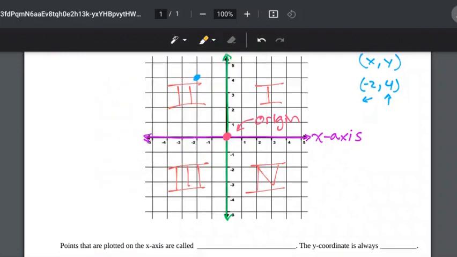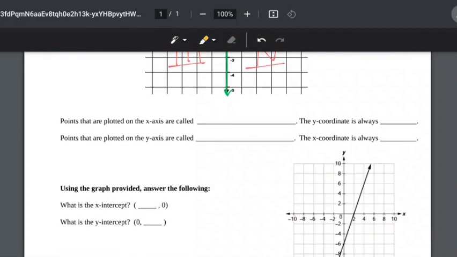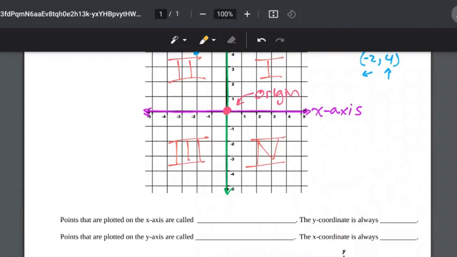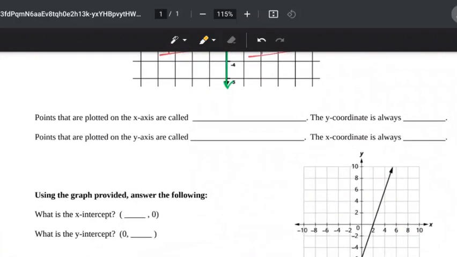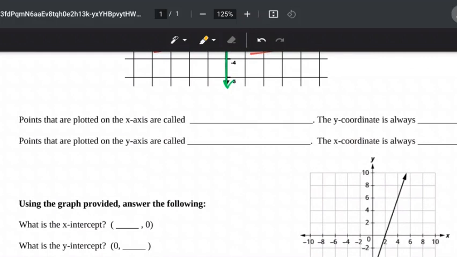So let's take a look at the next section here. It says points that are plotted on the x-axis. So if they're plotted along that purple line that we just drew in, the x-axis, and the point lands on that purple line, we call that point an x-intercept. And in this case, the y-coordinate is always 0. So we have an ordered pair.